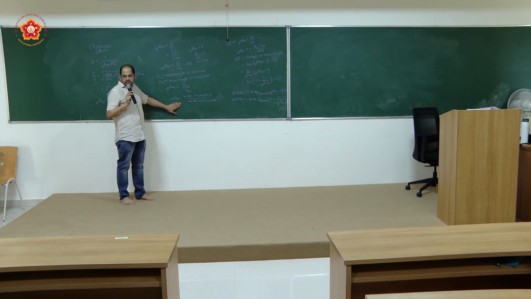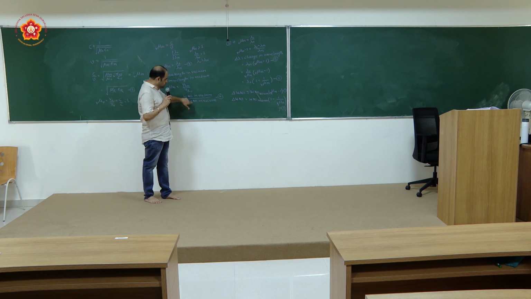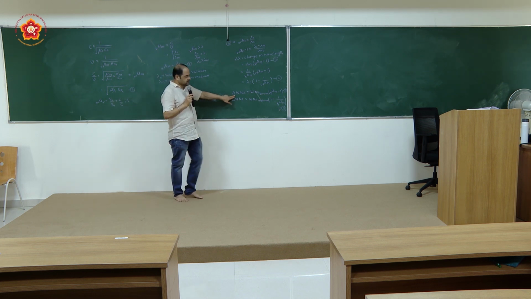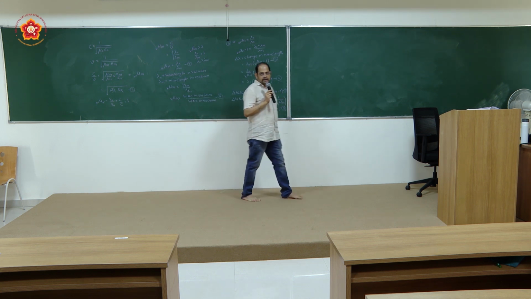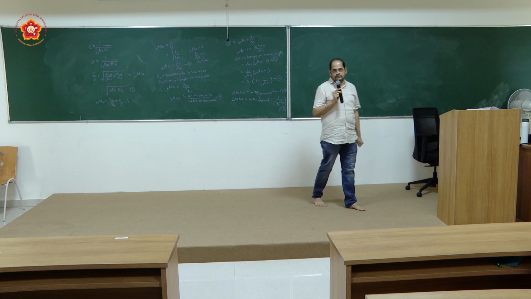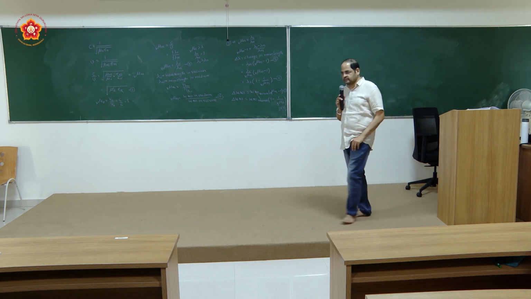What you will have? Refractive index of the medium with respect to vacuum minus 1. Minus 1 will be here. So if you solve it, wave number in a medium minus wave number in vacuum upon wave number in vacuum. So numerator is change in wave number. That is equal to wave number in vacuum multiplied by refractive index of medium minus of 1. Rearranging the same term, you are getting equation number 8.